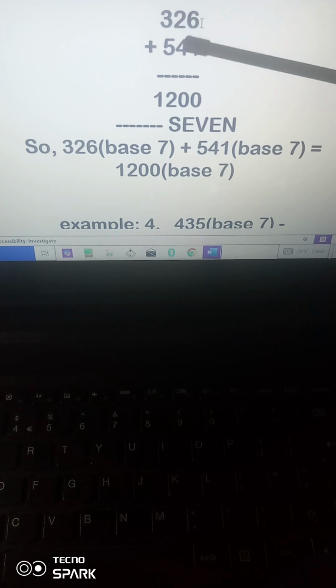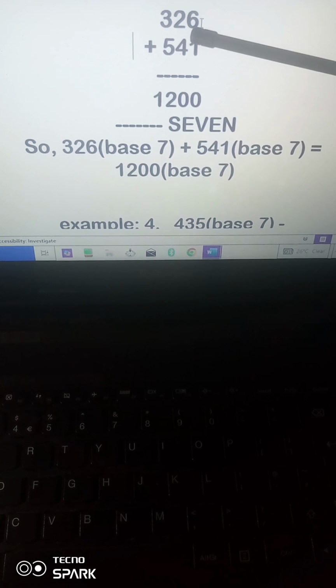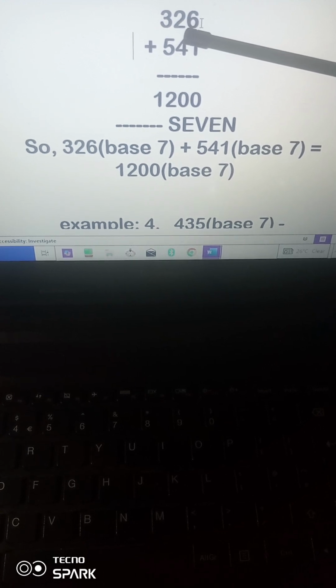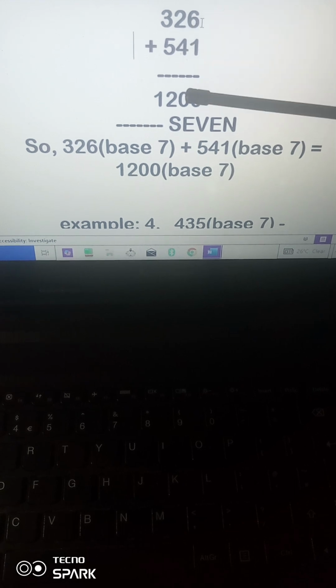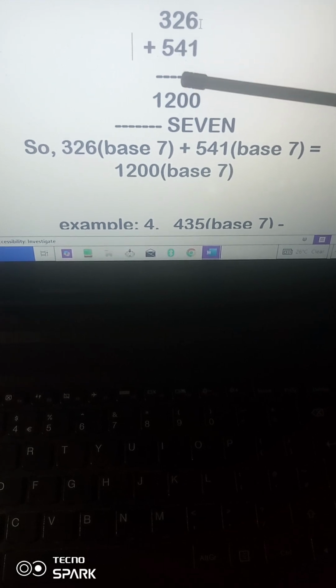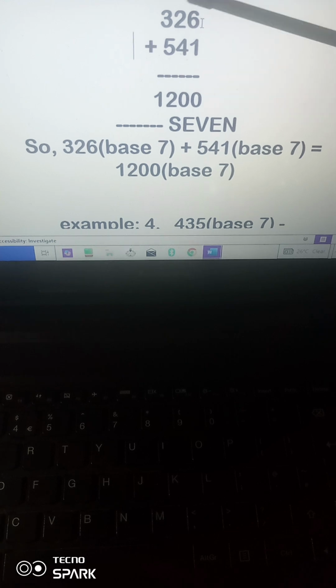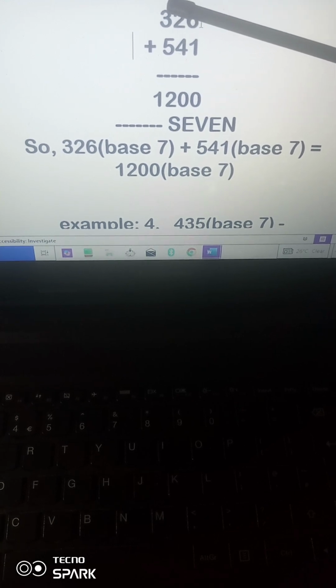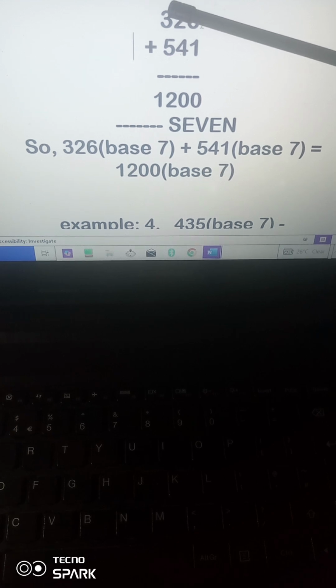3 plus 4 is 7. 7 in base 7 is 1 remainder 0, which is 7 divided by 7 is 1 remainder 0. So the one that we carried, we add it to this one, which is 3. 3 plus 1 is 4.